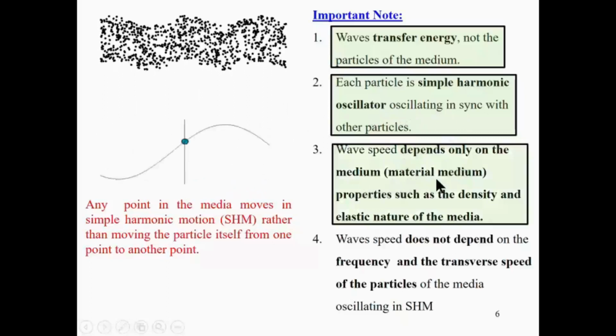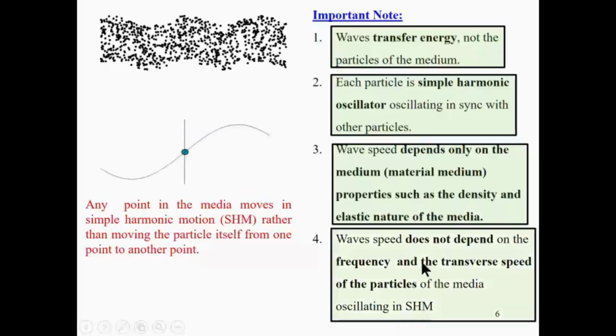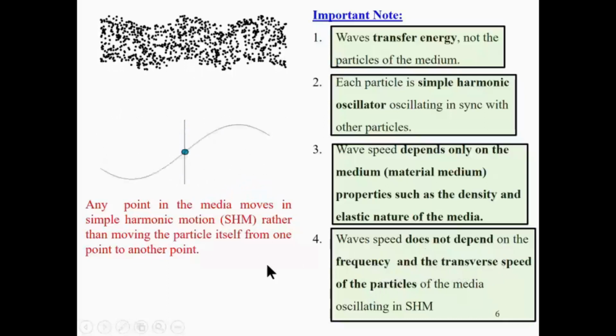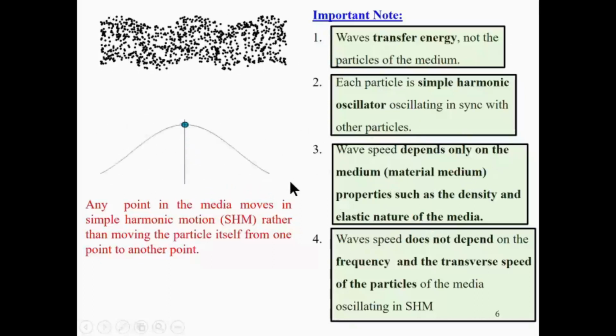Properties such as density and elastic nature of the medium matter. Wave speed does not depend on the frequency of the source or the transverse speed of the particles of the medium. So these are the most important points to note in waves.